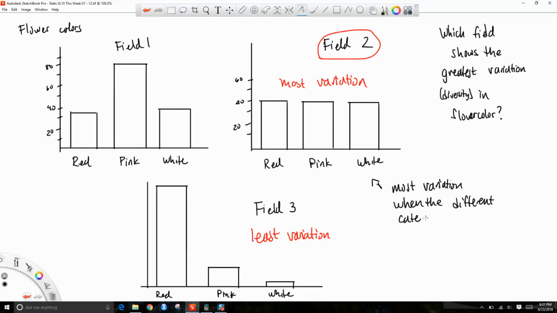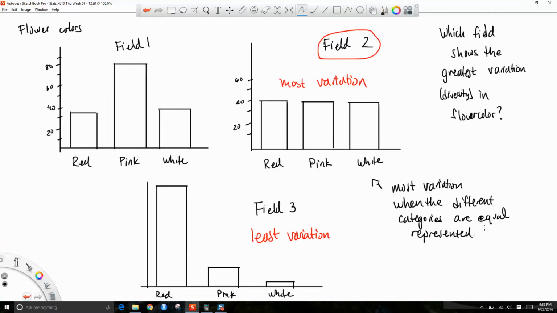Because if you close your eyes and you picture what field 2 looks like, you're going to see a bunch of red, a bunch of pink, and a bunch of white. That's quite a mixture of flowers. If you picture what field 3 looks like, it's going to look, by and large, very red, with a few pink and very few white flowers in there.